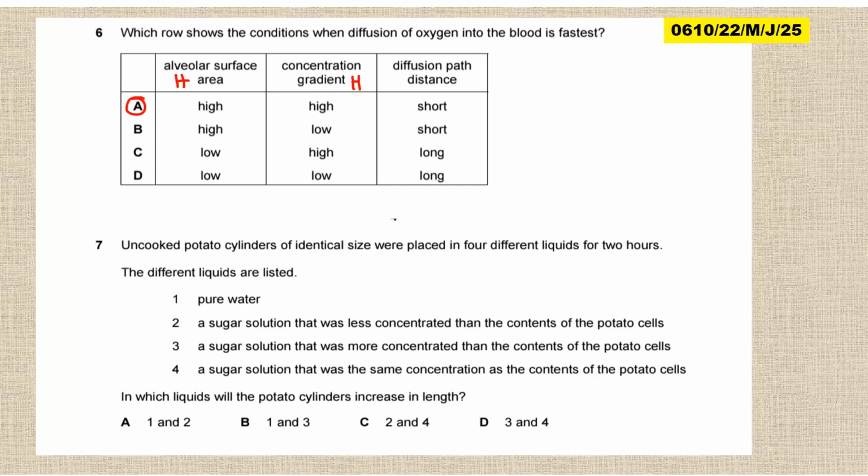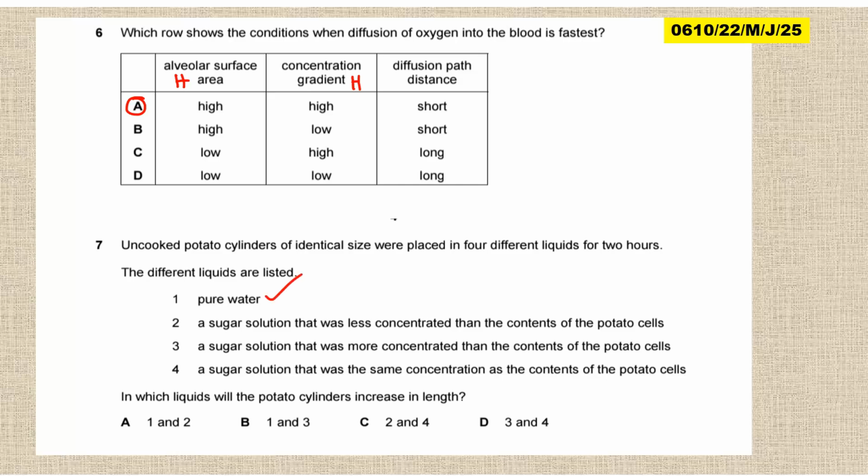Question 7, still coming from paper 2, variant 2, May/June 2025. Uncooked potato cylinders. You need to know that potato cylinders are plant tissue. Cylinders of identical size were placed in 4 different solutions for 2 hours.